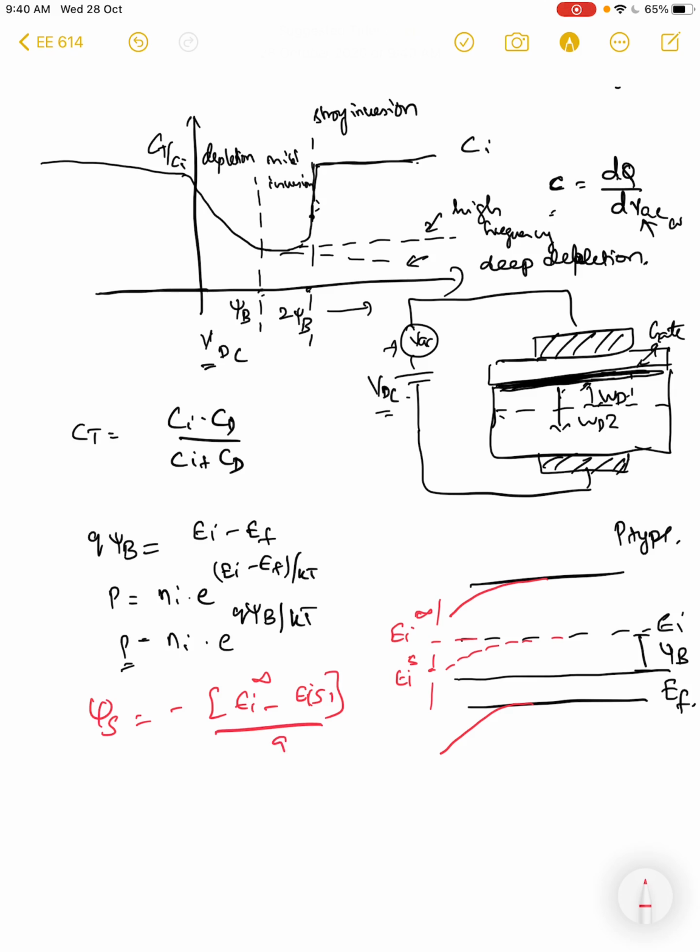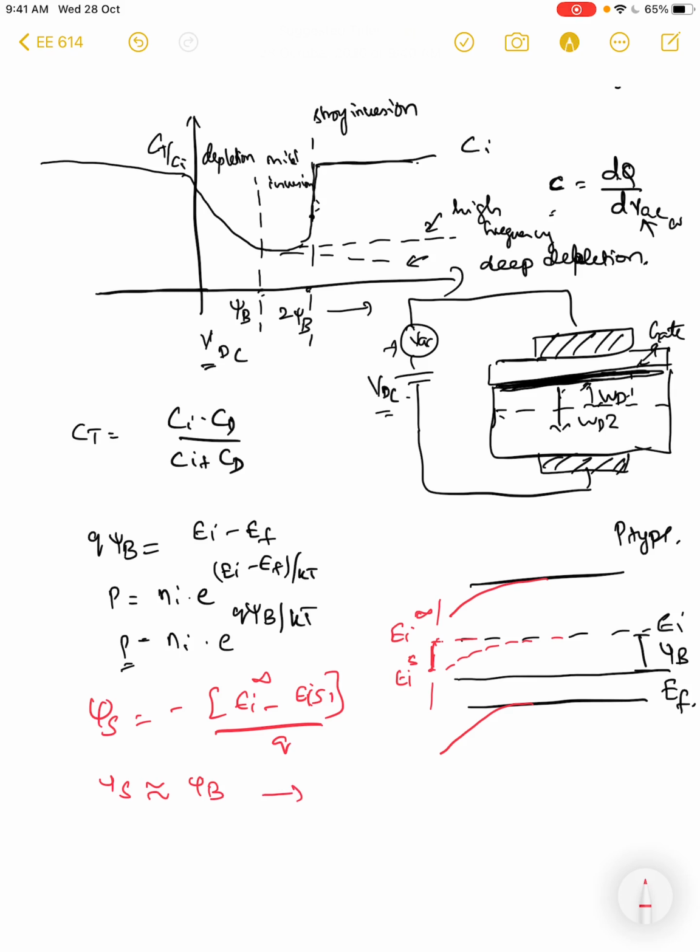right, by Q. So what we mean is when psi s is equal to psi b, you have this separation. So basically the band has bent so much, so the EI has moved so far, that now you have moved closer to the Fermi level, because initially EI was away from the Fermi level.